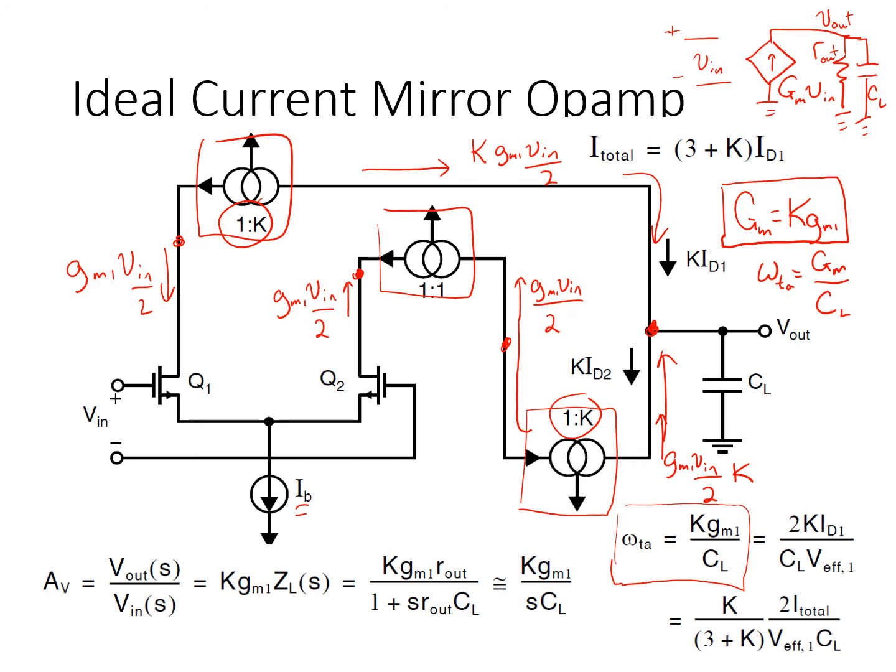In fact, if you consider the case where you have to fit the whole op amp within a fixed power budget, so you have a fixed total bias current, I total, that you can spend on all these current branches combined, it turns out that rather than pumping a lot of current into the input pair transistors, which is what you would do with the folded cascode to maximize its transconductance, you would instead spend more of the current on the output branch, because by doing so you can increase K and thereby get a higher unity gain frequency, omega TA.